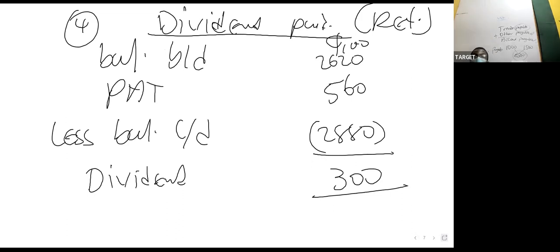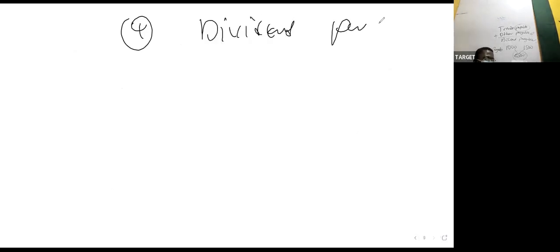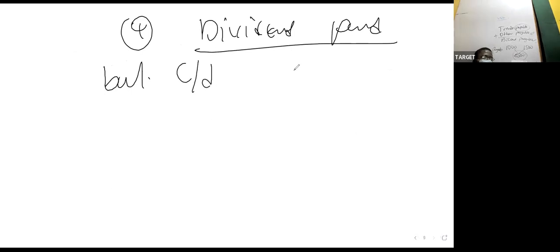Can I do another method for you? Let's try. Working for dividend paid again. Now let's go. Start from the closing balance, the balance carried down, 2880, right? Reverse everything you've done.